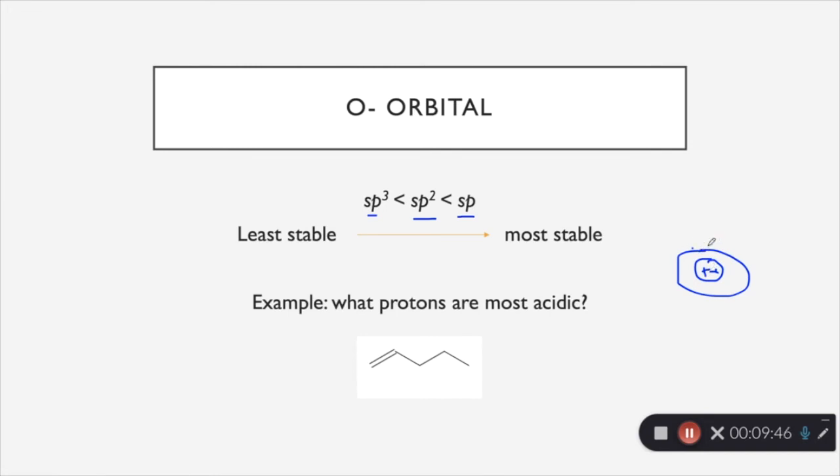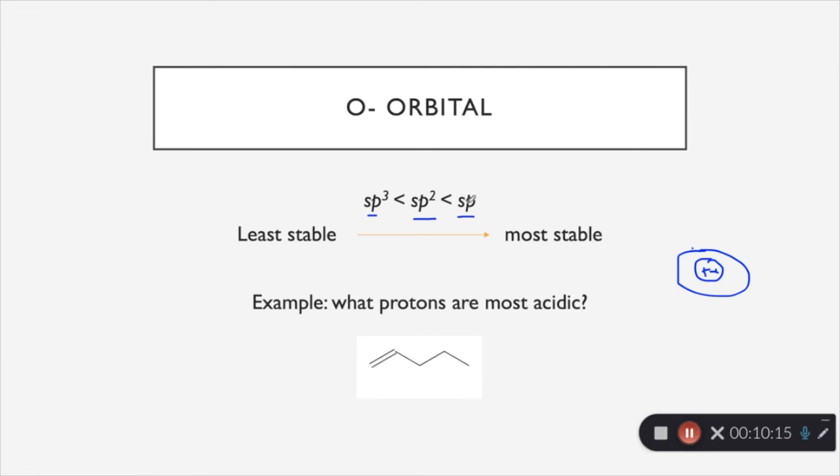So then you have all of the different p orbitals, which I'm not going to draw out because that takes a lot of time, but those are going to be a little further away than this s orbital right here. So essentially, since the s orbital is physically closer to the nucleus and it holds those negative electrons, that nucleus is going to attract those electrons more, because remember, positive attracts negative.